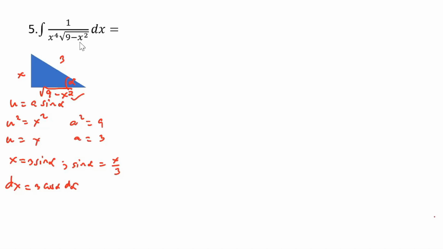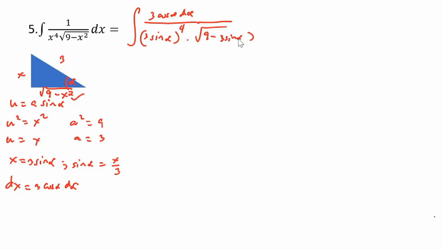After that, we're going to rewrite the given and replace the meaning of x and dx. So we can now write 1 times dx, just dx. Therefore, dx now becomes 3 cosine alpha d alpha over x, which means 3 sine alpha. So we have 3 sine alpha raised to the power of 4 times the square root of 9 minus the meaning of x again, 3 sine alpha, and then squared.